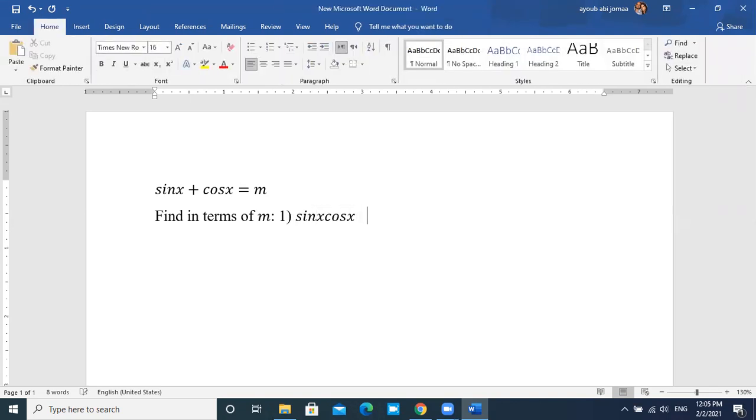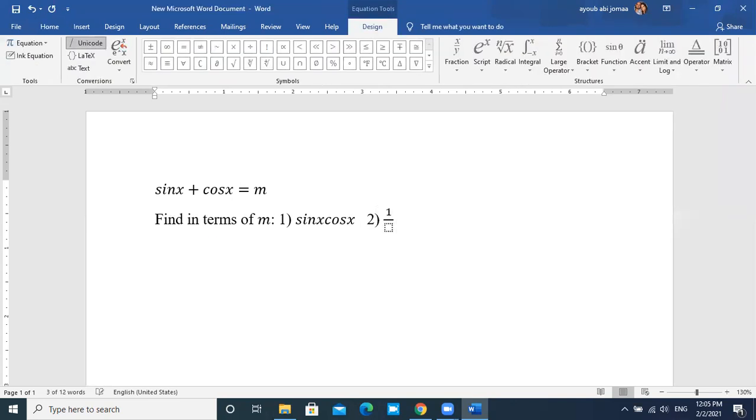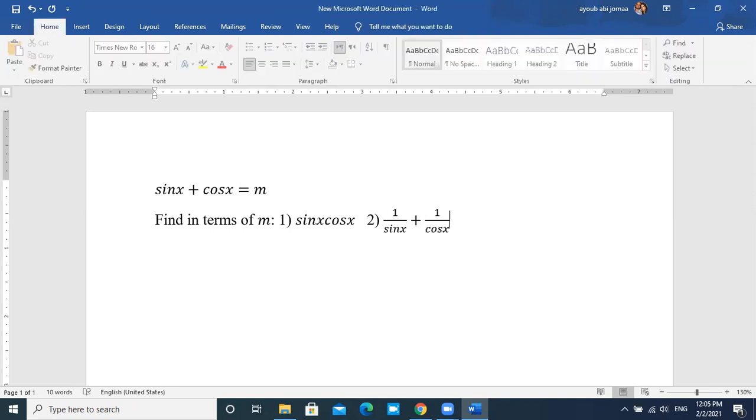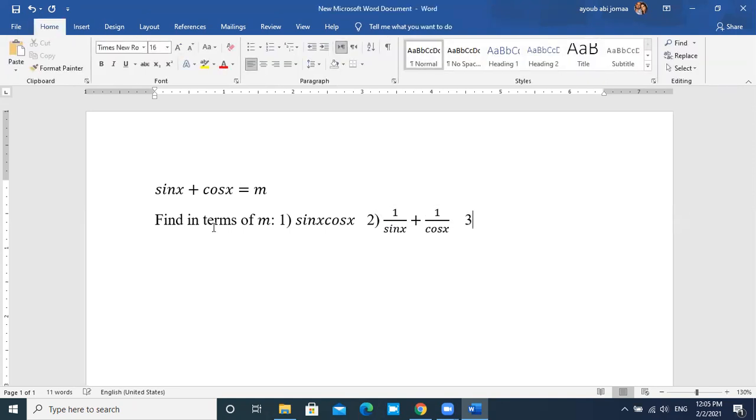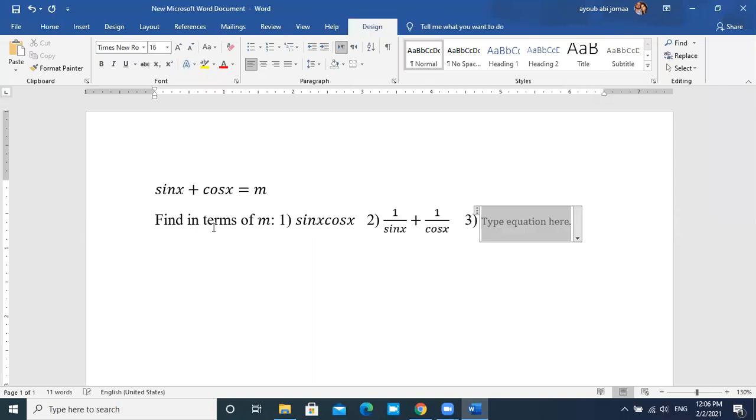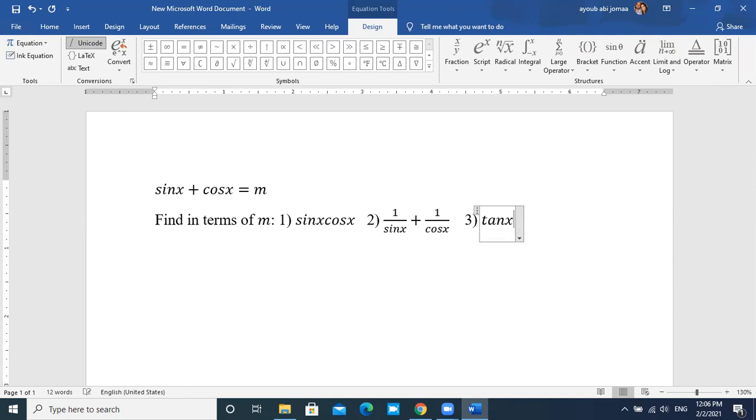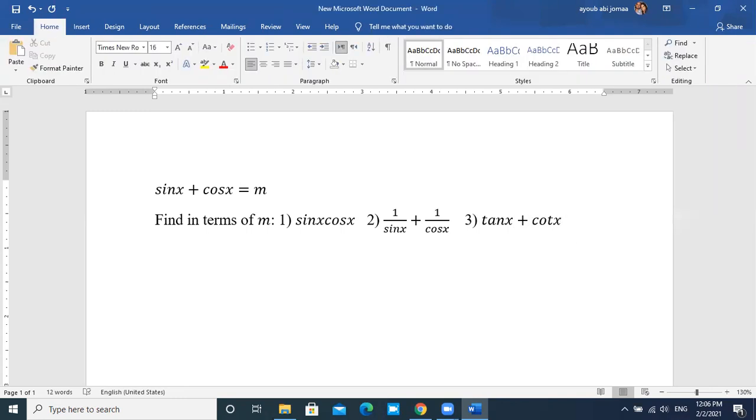Part 2, you have to find 1 over sin x plus 1 over cosine x. And part 3, tangent x plus cotangent x. For the solution, part 1.